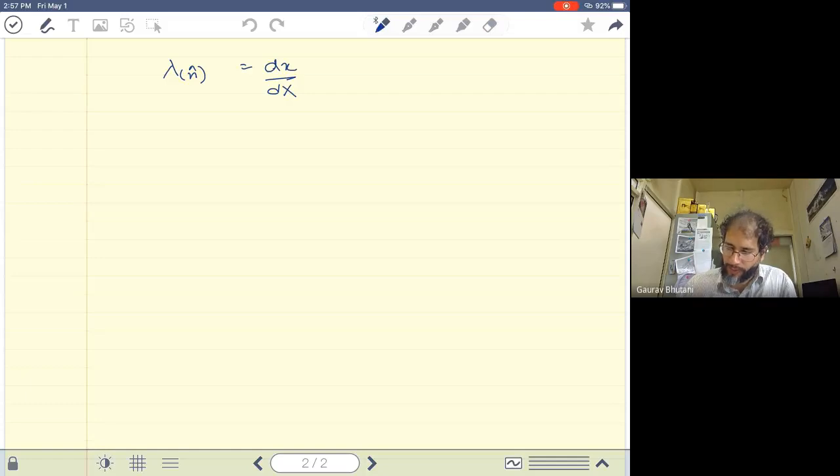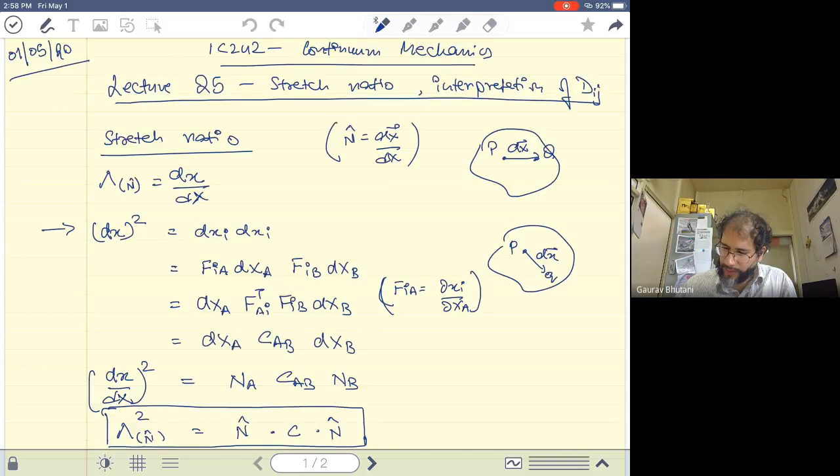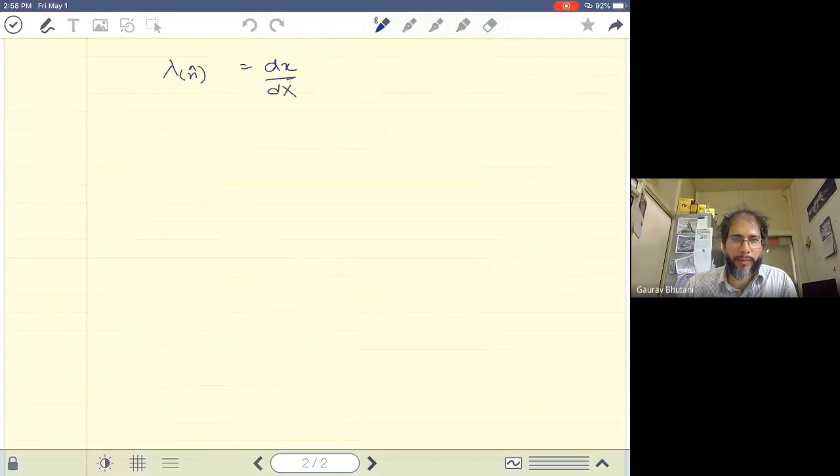So if I go back, then this n hat is given as d small x vector by d small x magnitude. So if I know what the final direction of the vector is, I can define the stretch ratio in terms of that. So it's similar to the way we define everything in terms of spatial coordinates.